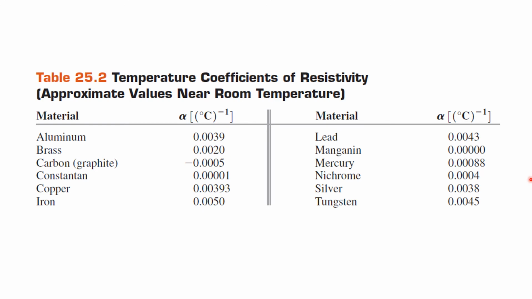These are some of the temperature coefficients alpha of resistivity. For example, aluminum has 0.0039, and take note of the negative temperature coefficient of carbon or graphite, because carbon or graphite is a semiconductor.